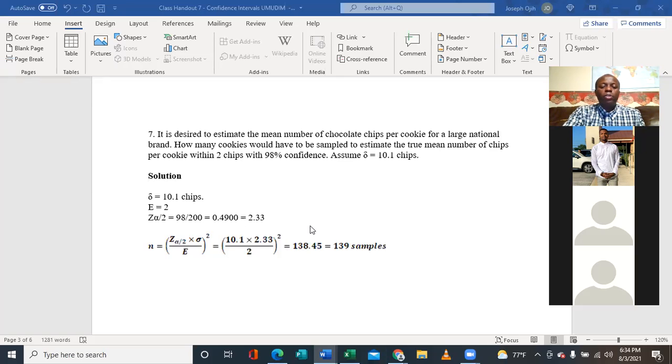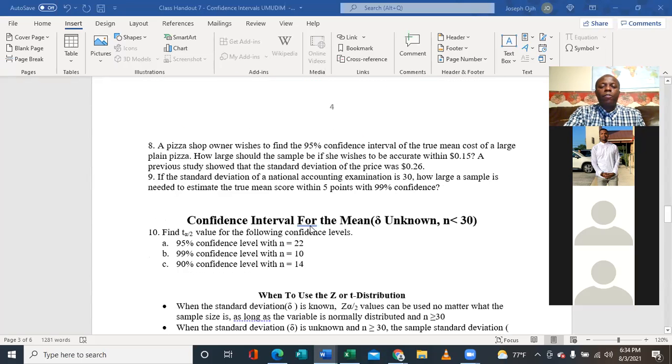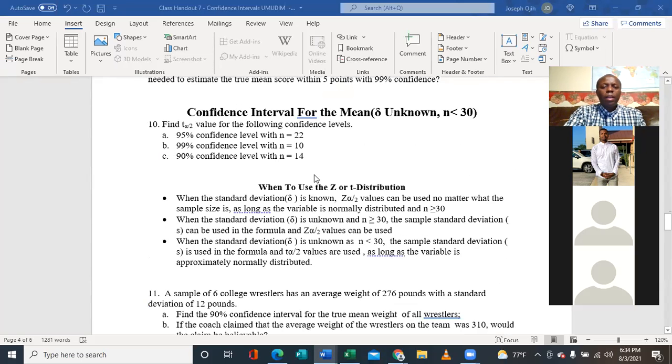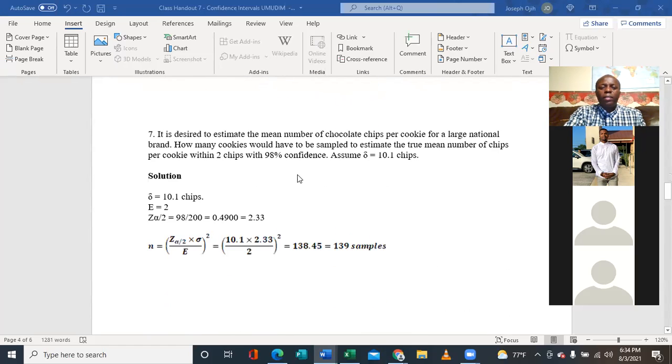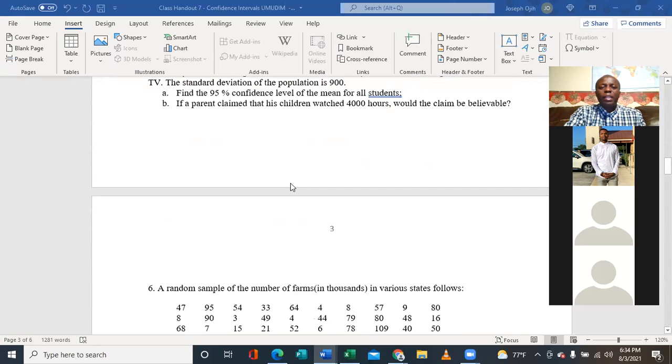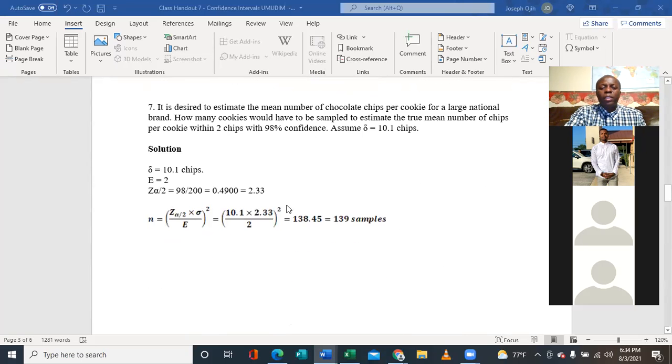So, since there's no question, we move on to the next type of confidence interval. Now, if you look at the one we have done so far and the one we calculated the minimum sample size, the example is 139 samples, and the population standard deviation is known.